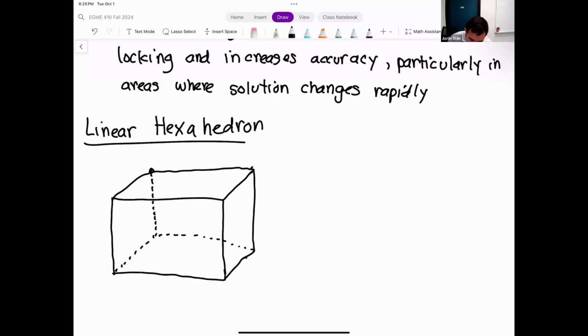Let's count the number of nodes. One, two, three, 4, 5, 6, 7, 8. Okay. We have 8 nodes to work with here. So that means our shape function is going to have 8 terms.